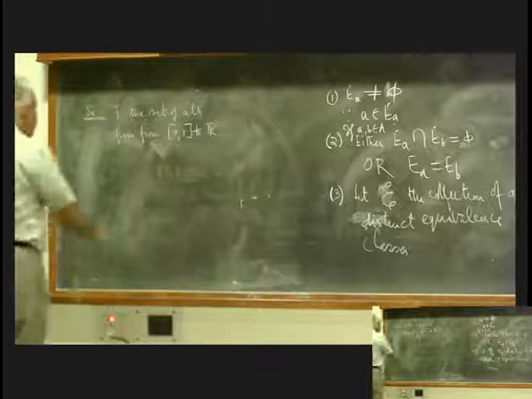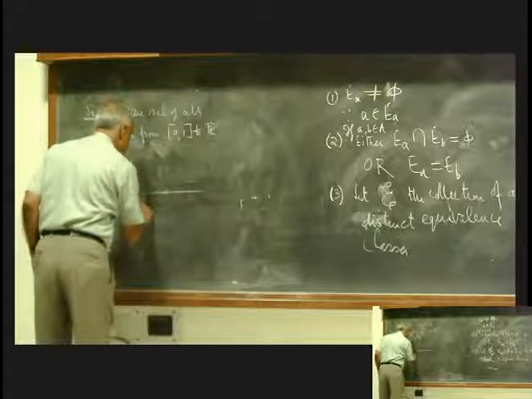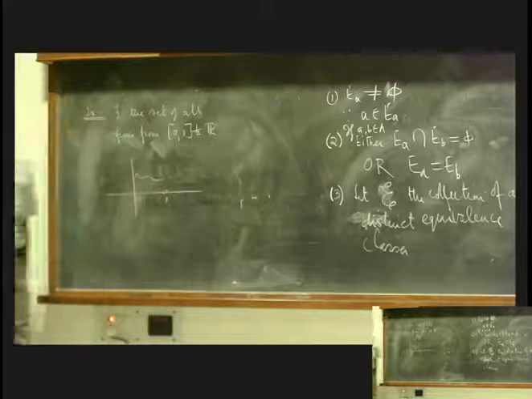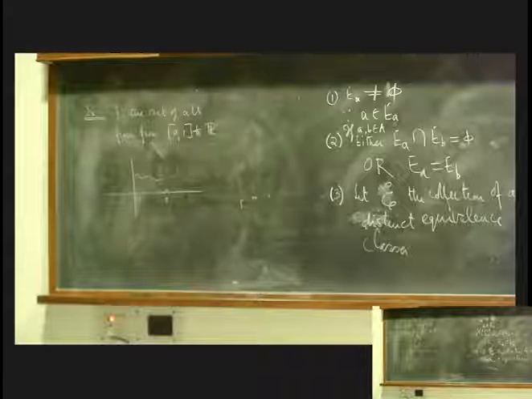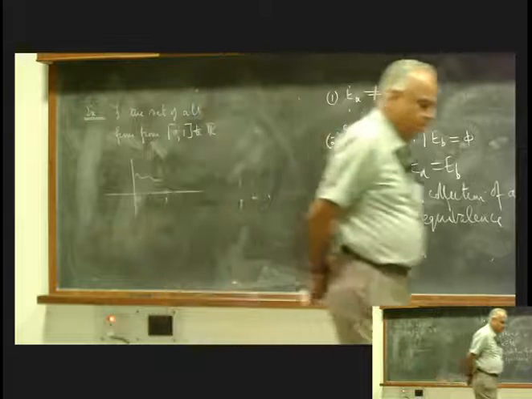What does that mean? If you take the graph of a function, it will be something like this. The function is defined from 0 to 1. Of course, not necessarily continuous. I just draw the picture.